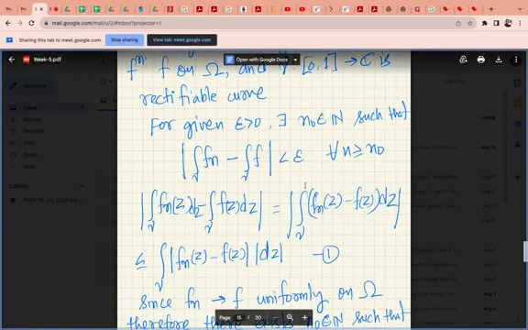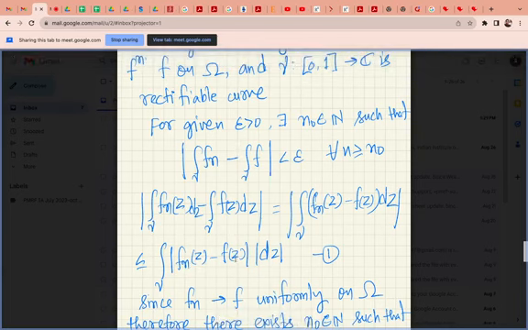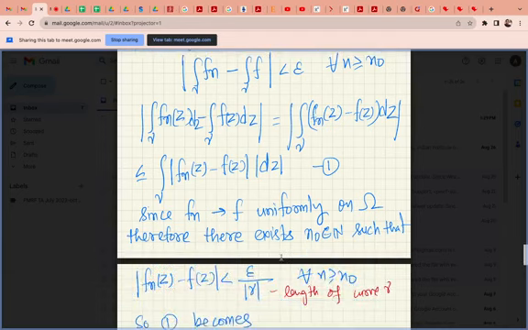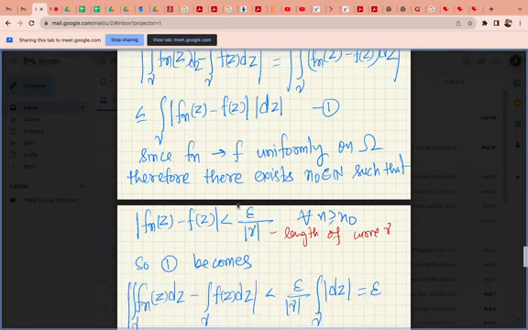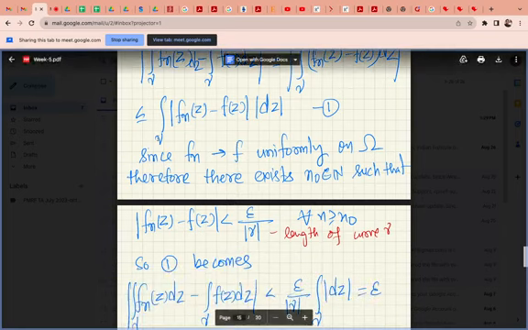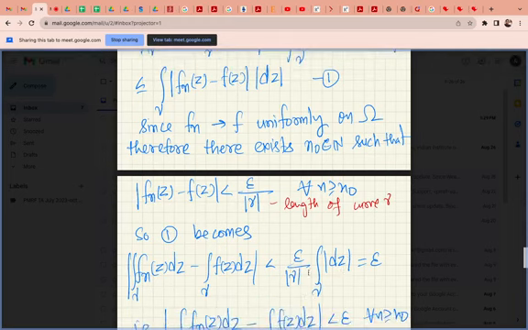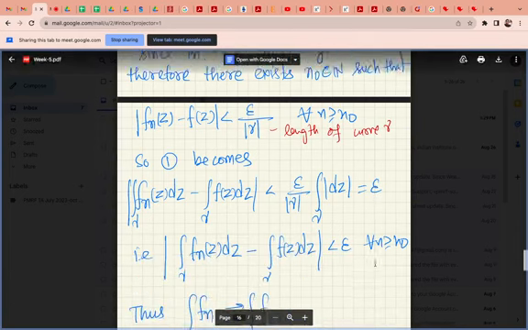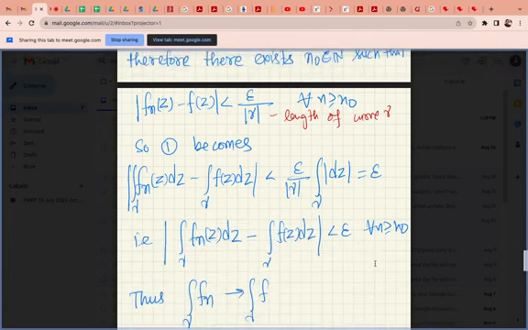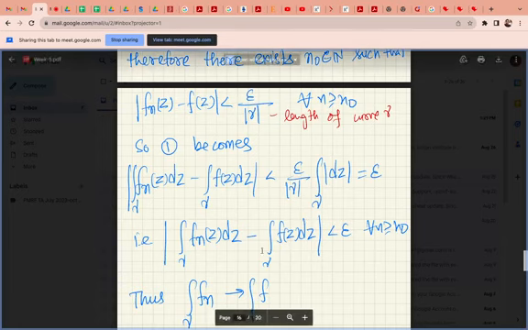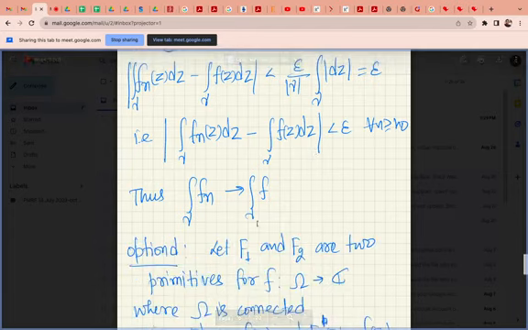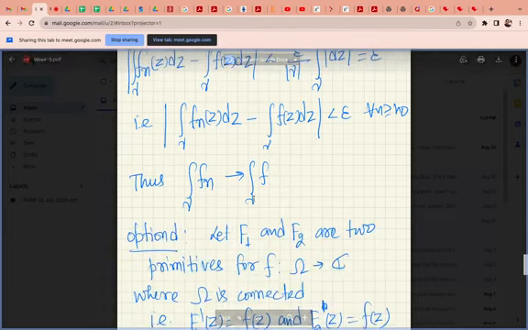Now this is less than or equal to the integral of mod fn(z) minus f(z) times mod dz. Since fn converges to f uniformly, this can be bounded by epsilon over the length of the curve gamma, because gamma is rectifiable. So equation 1 becomes this, and multiplying by the length of gamma, this will be less than epsilon. So we just use the epsilon property. The integral over gamma of fn(z) dz minus the integral over gamma of f(z) dz is less than epsilon, which means the integral of fn over gamma converges to the integral of f over gamma.